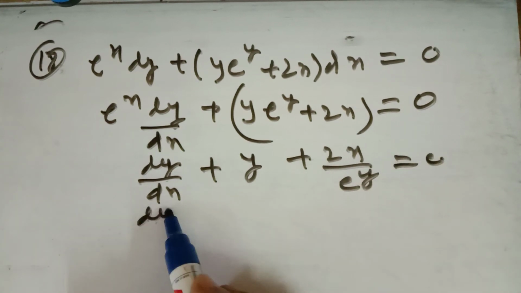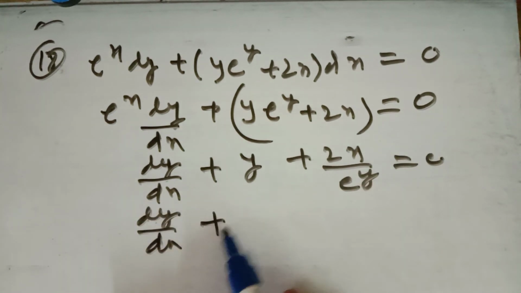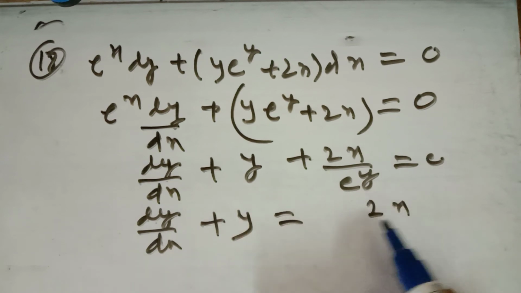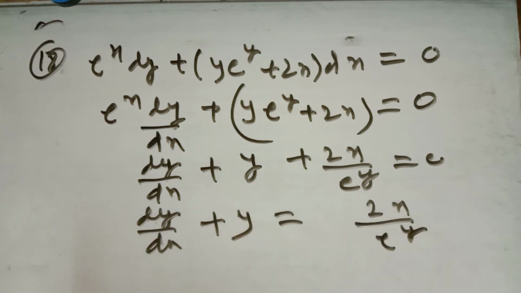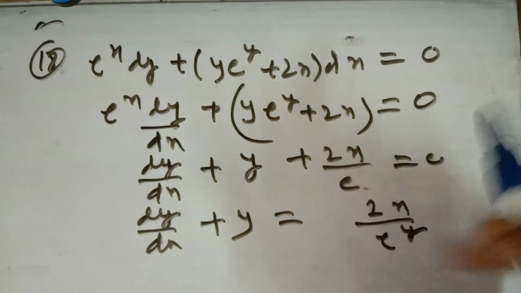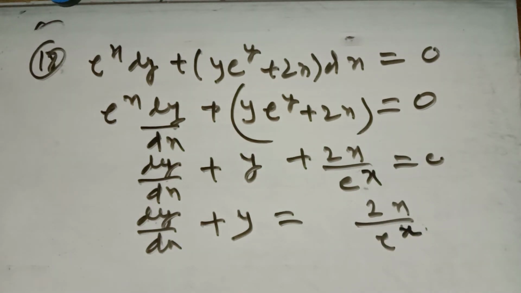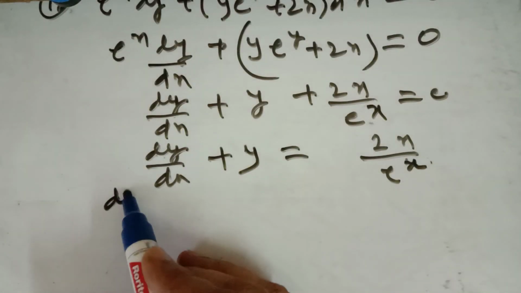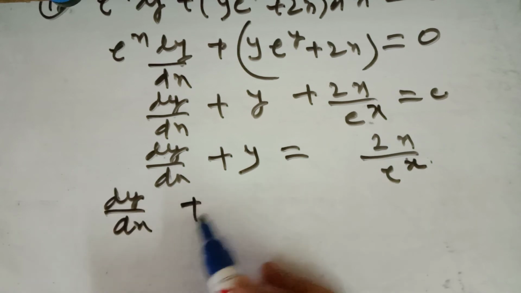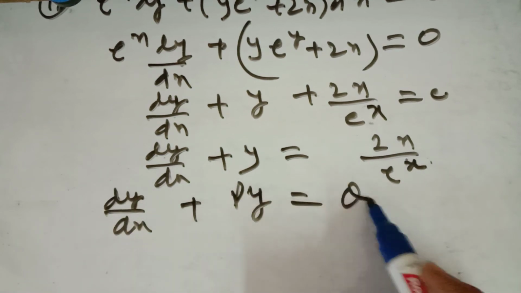So you are getting a linear differential equation, with e to the power x. It is of the form dy by dx plus py equal to q.